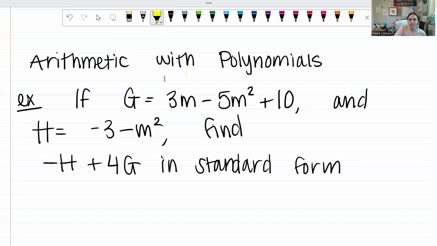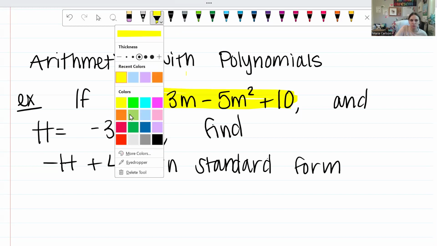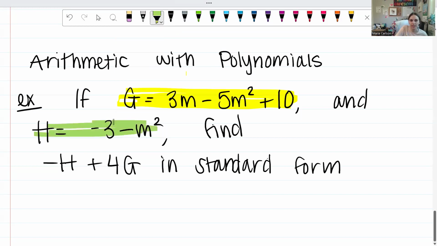So we know that g is equal to 3m minus 5m squared plus 10. And h is equal to negative 3 minus m squared. And they tell us we want to find negative h plus 4g.